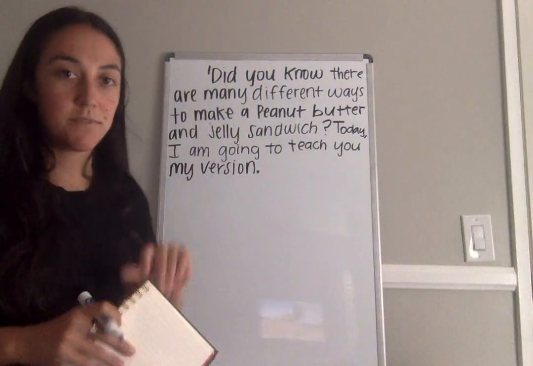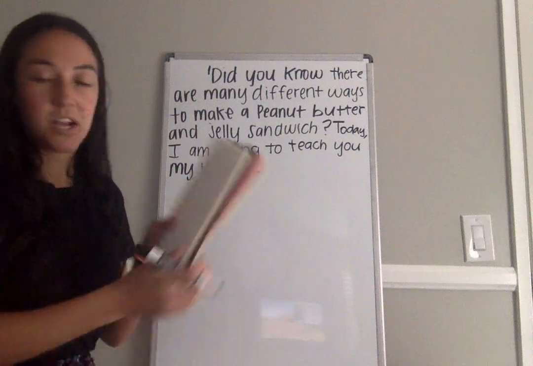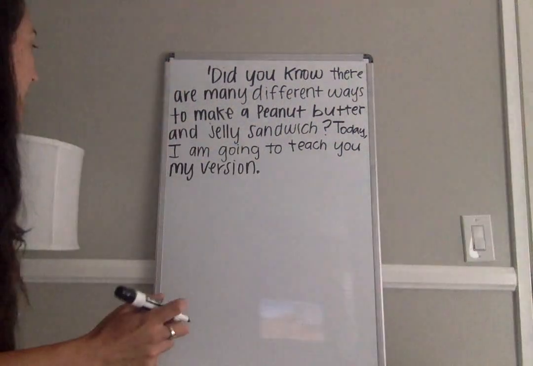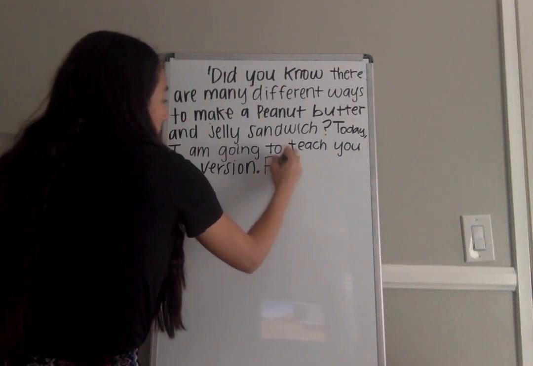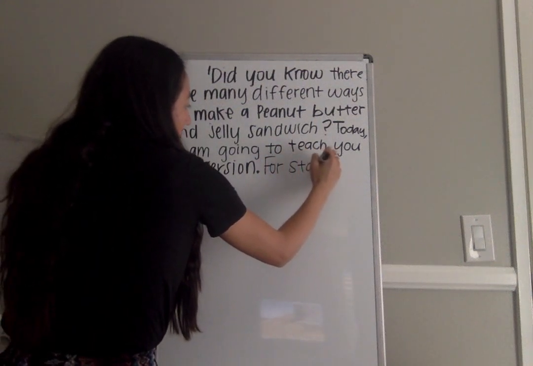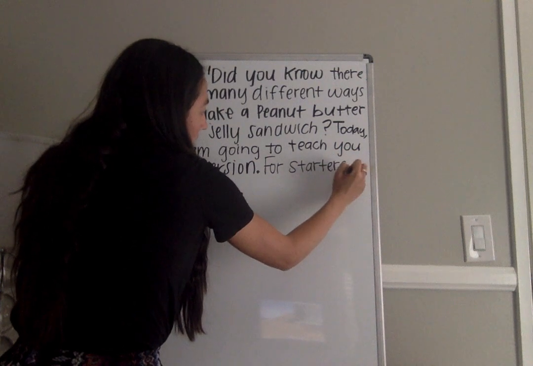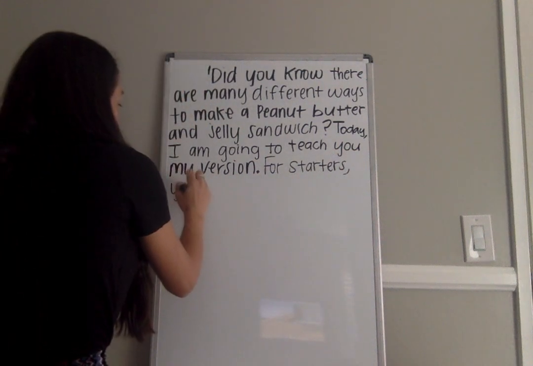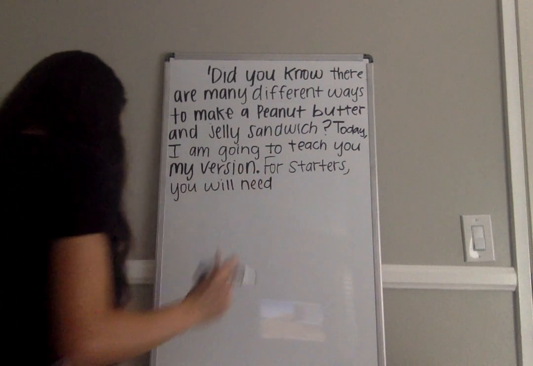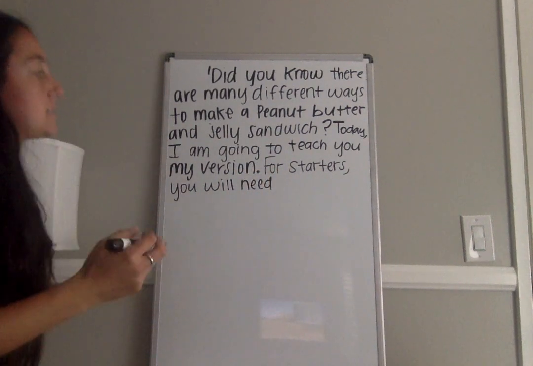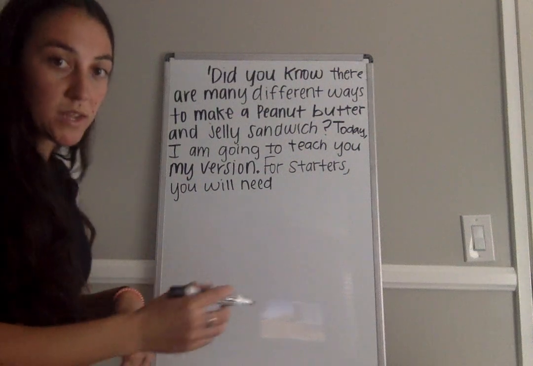Now, I did have to erase our outline from yesterday, but I did write it down on my paper. So maybe we could say, for starters, you will need, and then you can list here, but remember to use commas in between each of the words.